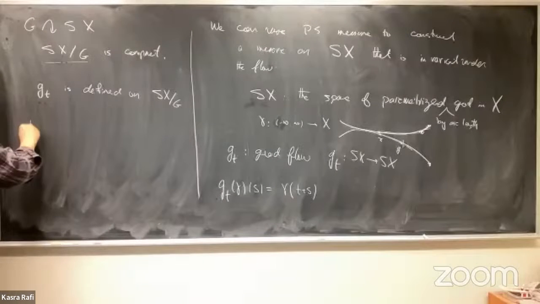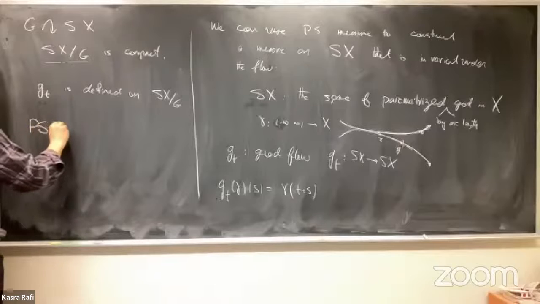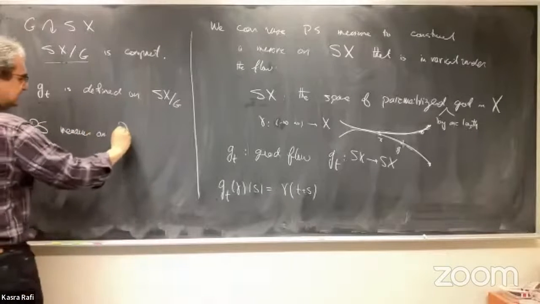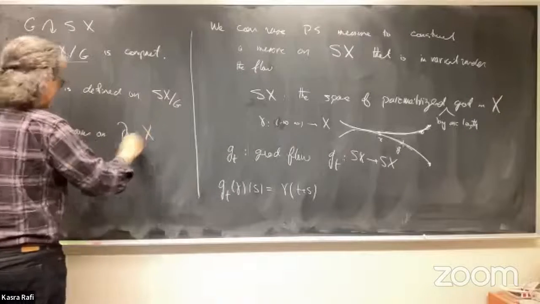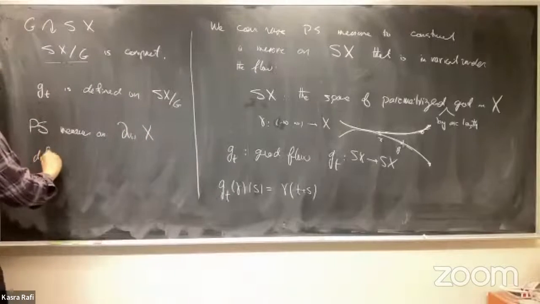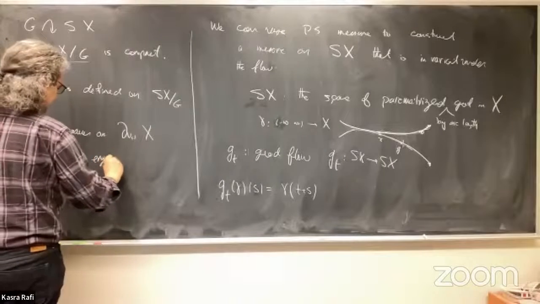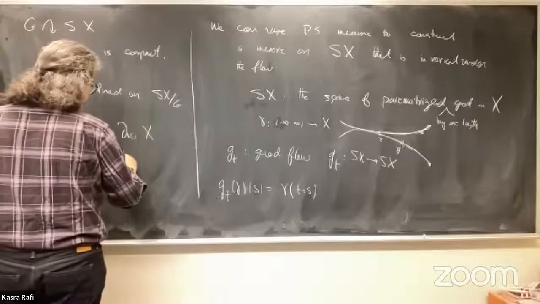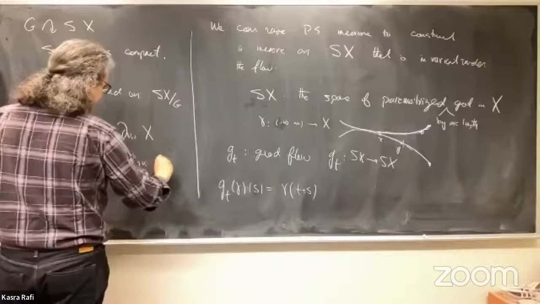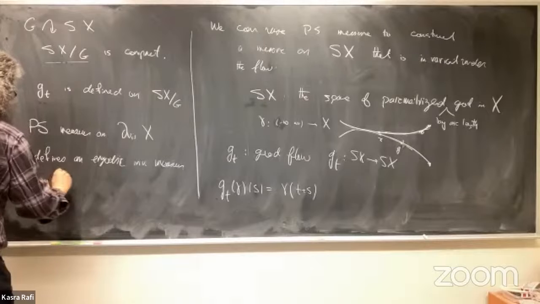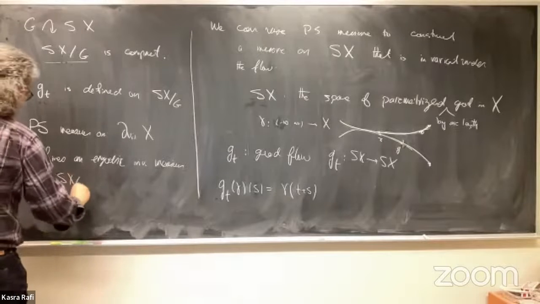So the Patterson-Sullivan measure on the visual boundary of X defines an ergodic invariant measure on SX over G.